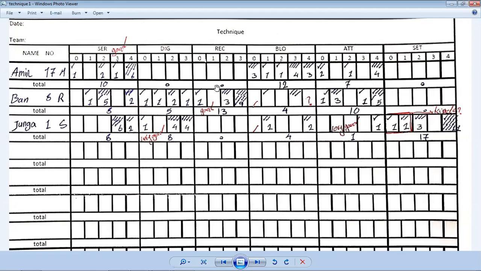They can analyze their technique every month, modify it, and try to increase their performance in each technique. In this position here, you can see the bomb services: 8 services, 2 wins, 5 times he only hit the ball into the opponent's court without anything, and 1 time he made a mistake.